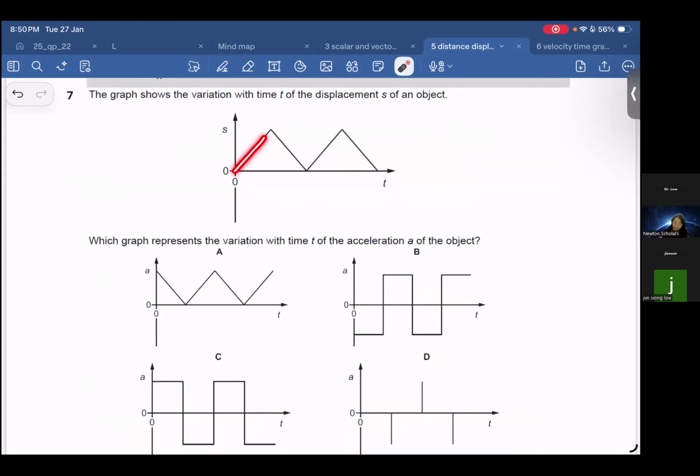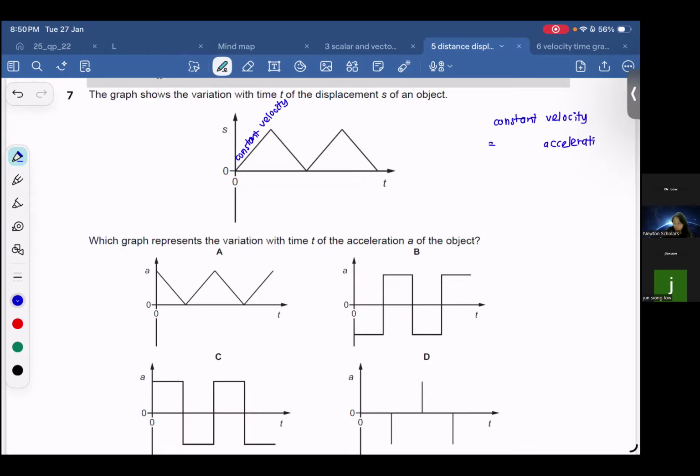So what is the velocity here? What is this motion? Can you tell me what is the motion for this part? Constant velocity. Am I right? Constant velocity. When the velocity is constant, what is your acceleration?